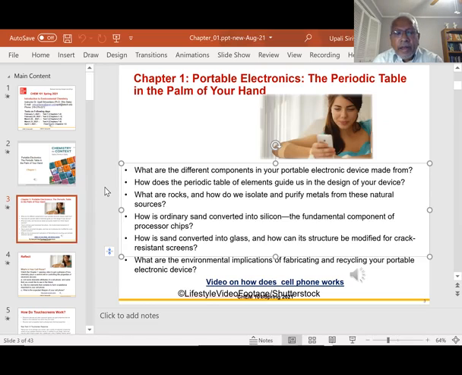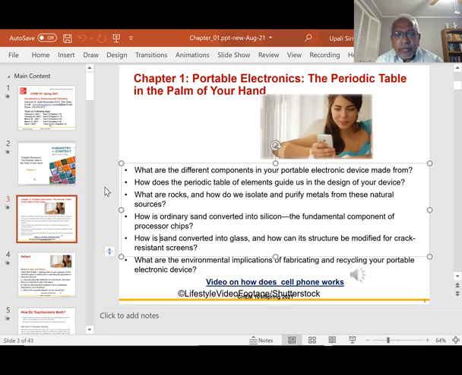So you will learn about different components in your portable electronic devices during this chapter. We use the periodic table to guide us in the design of your cell phone.